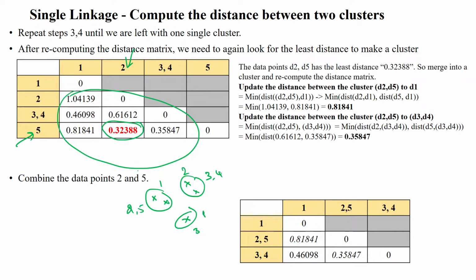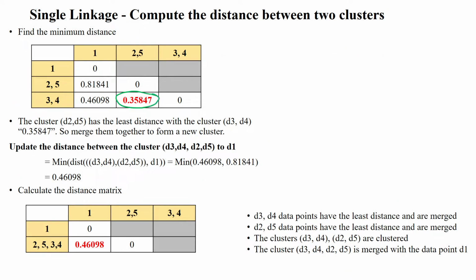After combining, 2 comma 5 is here, so only these values have to be updated. 3 comma 4 with 1 is not affected, since that value already exists, so we calculate this one, which is updated. 2 comma 5 to 1 is 0.81841. Here 2 comma 5 to 3 comma 4 is 0.35847.